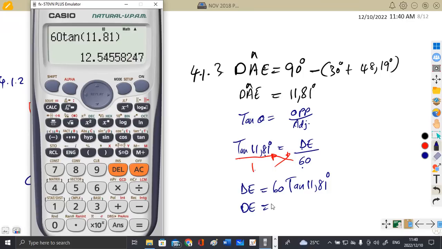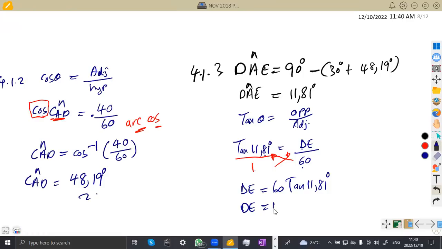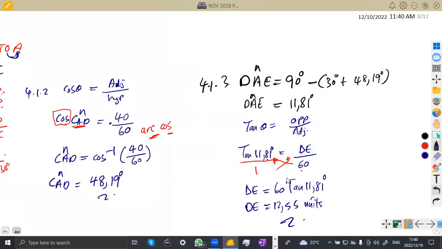So if you round off, it is going to be 12.55. So this will be 12.55 units. All right, so we have the length of DE from this information. So that was actually a direct question.